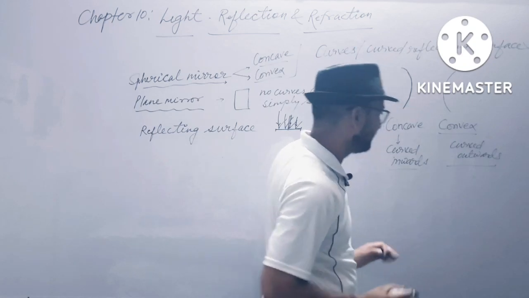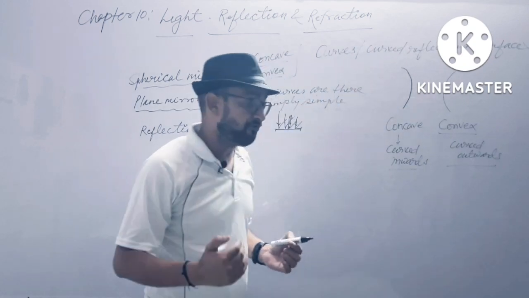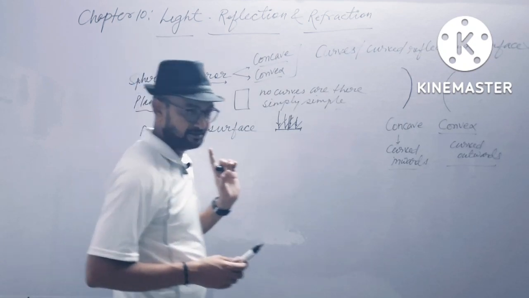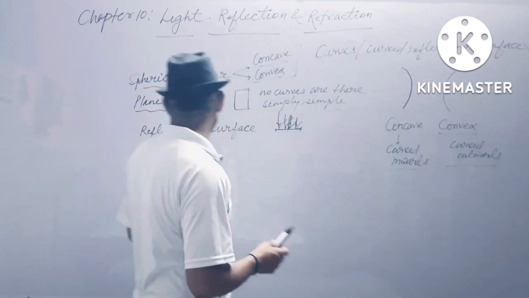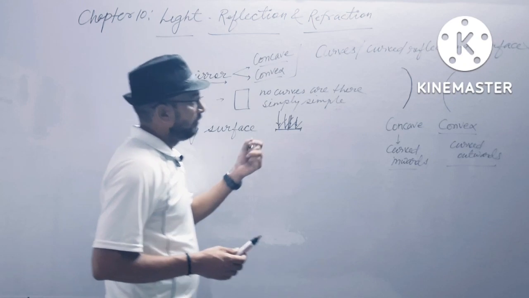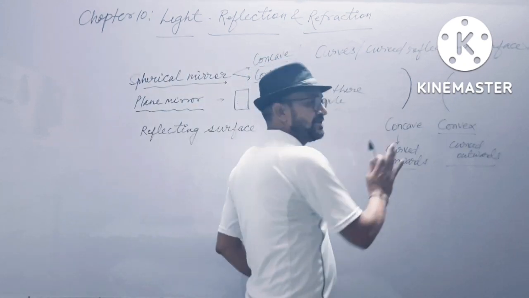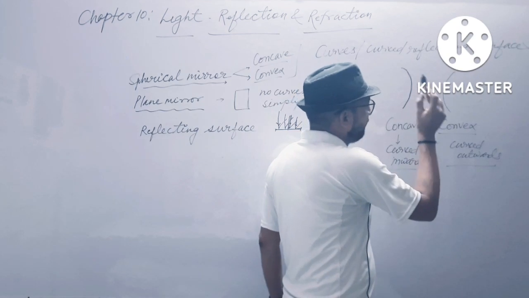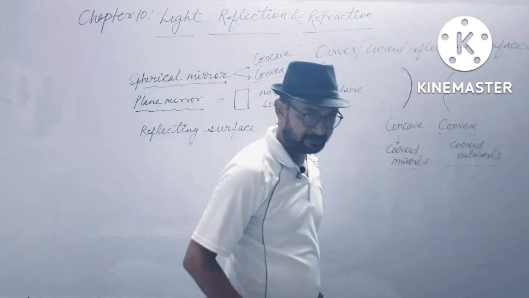By virtue of the reflecting surface, we can distinguish which one is concave and which one is convex.